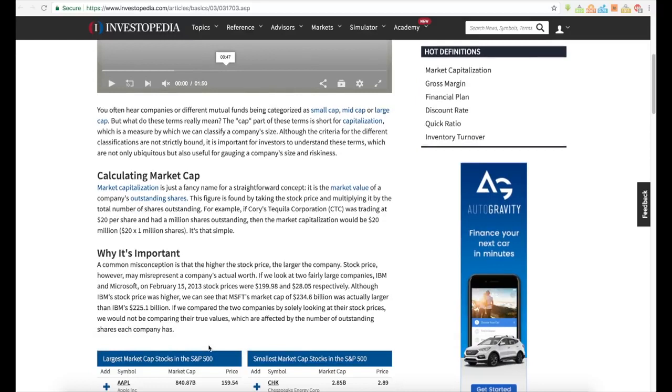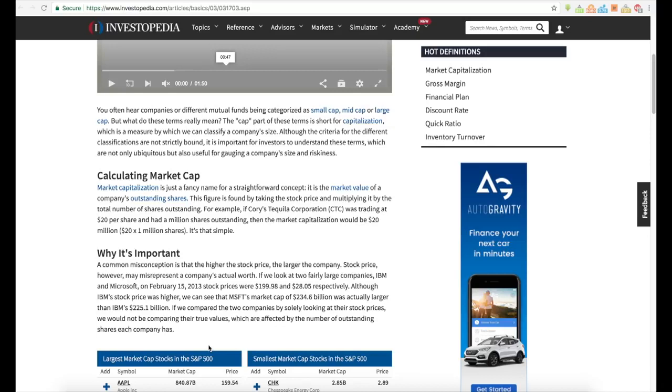A common misconception is that the higher the stock price, the larger the company. Stock price, however, may misrepresent a company's actual worth. If we look at two fairly large companies, IBM and Microsoft, on February 15, 2013, stock prices were $199 and $28 respectively.